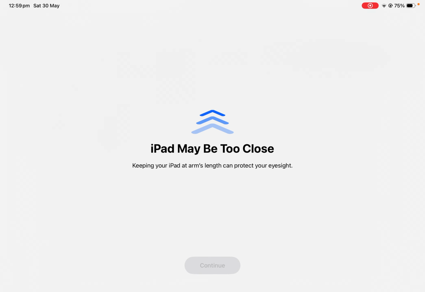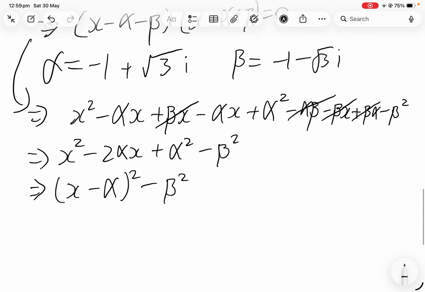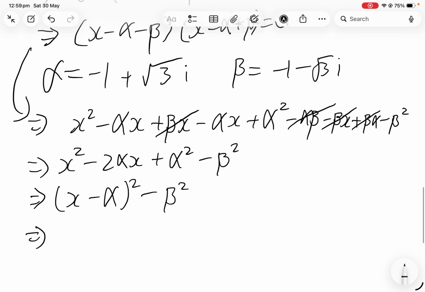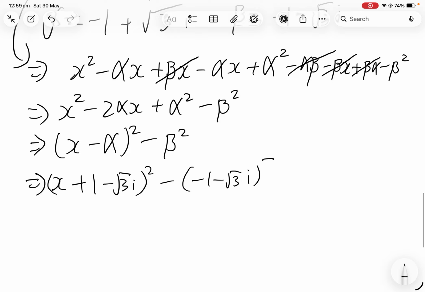And that just equals, well, it should be (x - (-1 + √3i))(x - (-1 - √3i)).